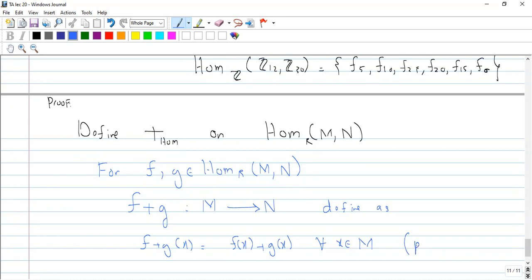तो इसको पॉइंट वाइज एडिशन भी कहते हैं। This is a pointwise addition, कि f plus g का इमेज क्या होगा इन एवरी पॉइंट of M, image of f plus g is just equal to the image of f plus image of g.